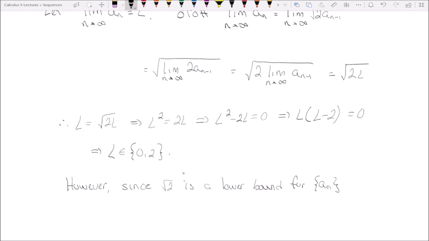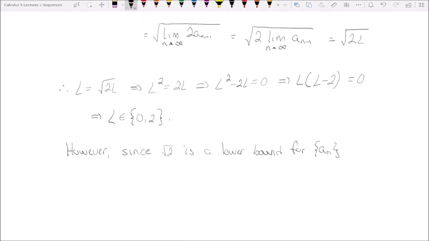Right? Because we just showed that it's monotonic increasing and it starts at root 2. So L cannot be 0. Therefore, we find that L must be 2, and so this sequence actually converges to 2.